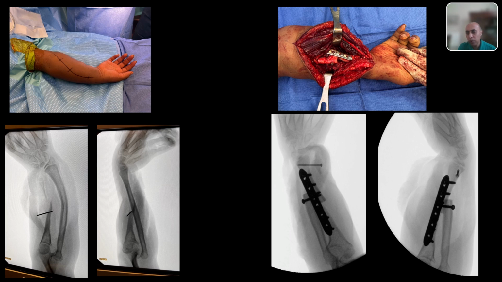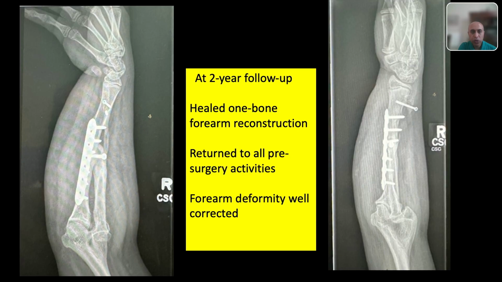We used the proximal radius as a pinning bone graft to increase the strength. So we were able to correct her forearm deformity while maintaining elbow and wrist range of motion. And then she healed pretty nicely. This is a follow-up at 2 years, and she's functioning well at this point.